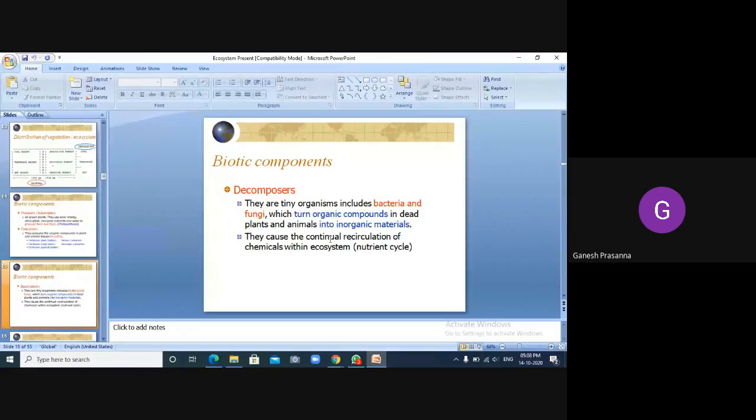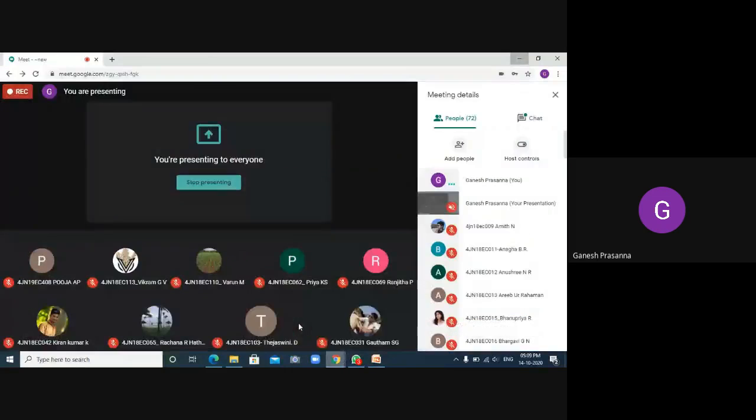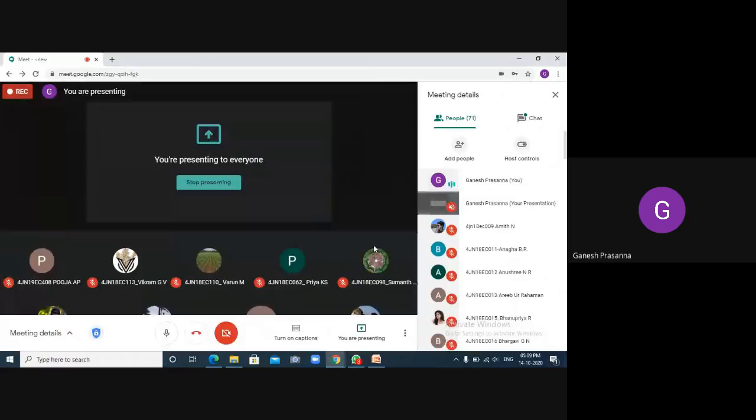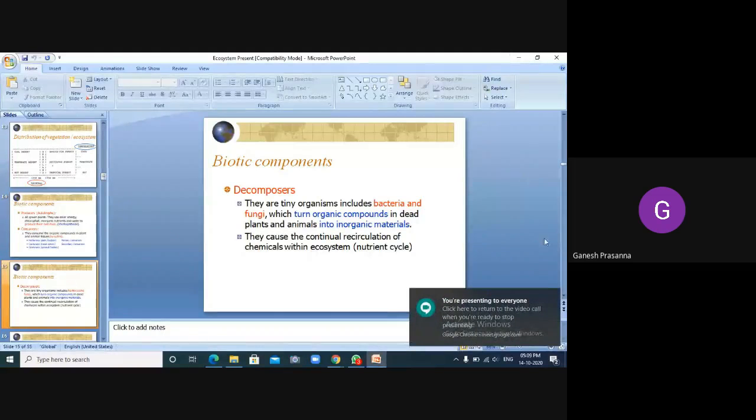One more biotic component is the decomposer. They comprise tiny organisms, which include bacteria and fungi, which turn the organic compounds in dead plants and animals into inorganic materials. They are responsible for the continuous cycling of chemicals within the ecosystem, that is the nutrient cycle. If there were no decomposers on the earth, then by this time you would have walked only on corpses or dead bodies.